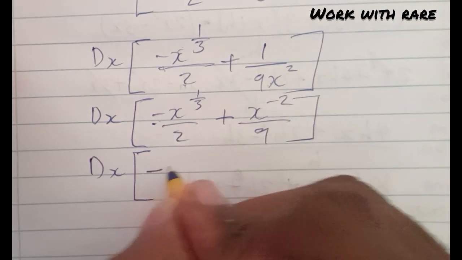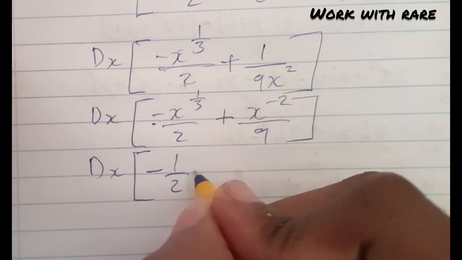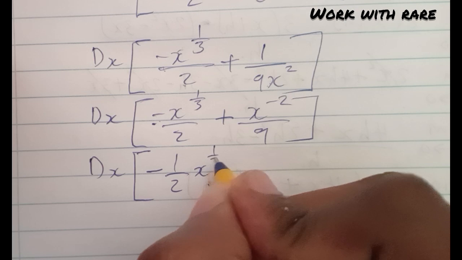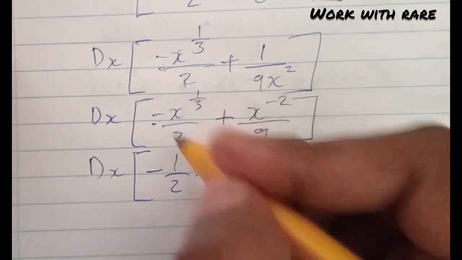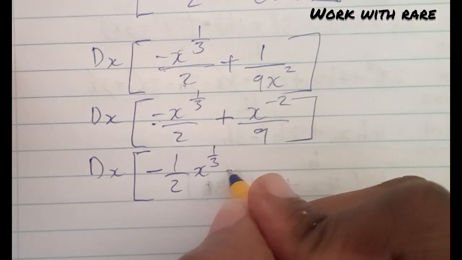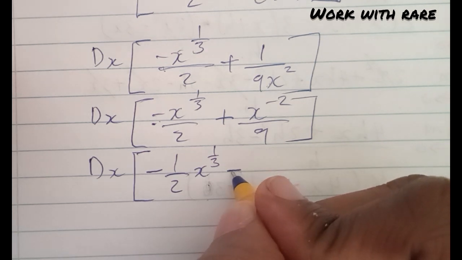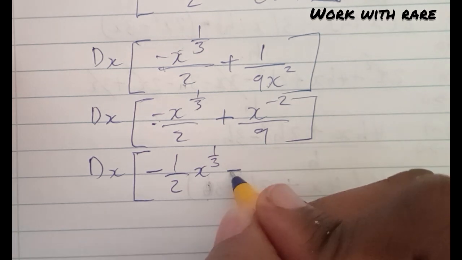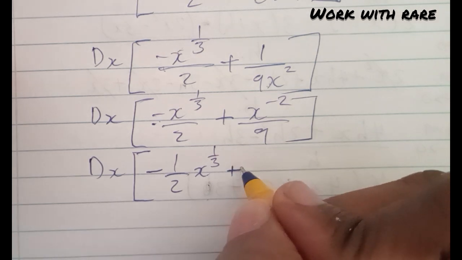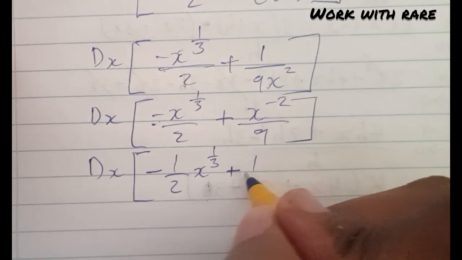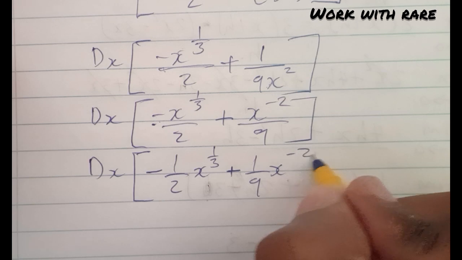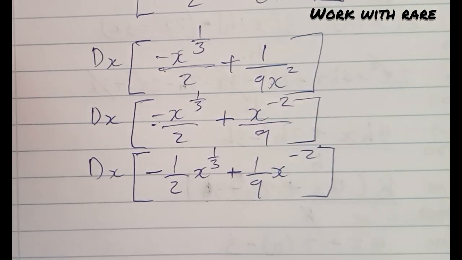Remember here I have a negative, so let me write this part as this, since then I have my positive exponent, and this side, remember I have a negative exponent, so I'm not changing it, so we'll have something like this.